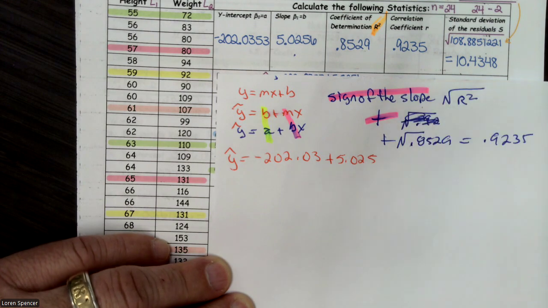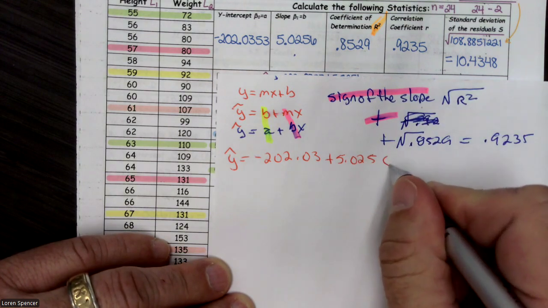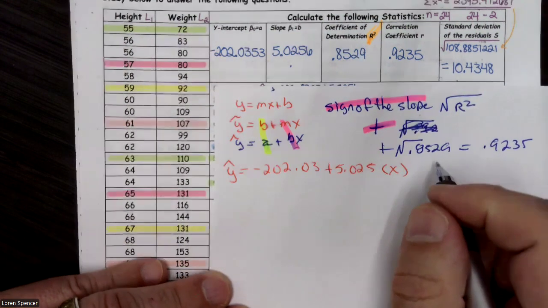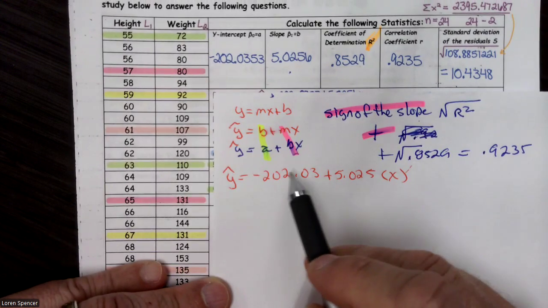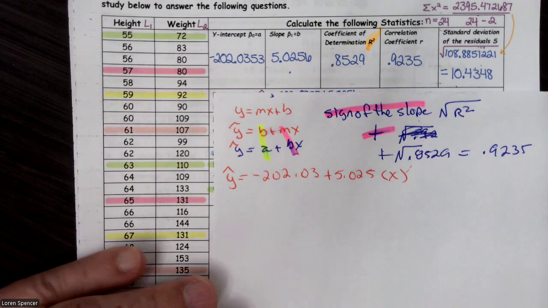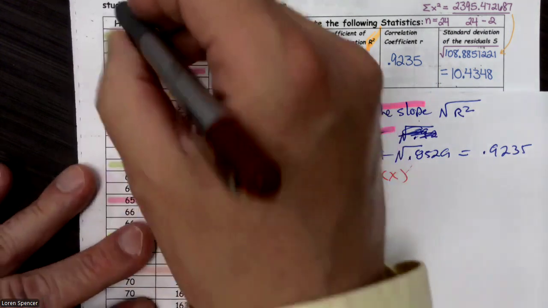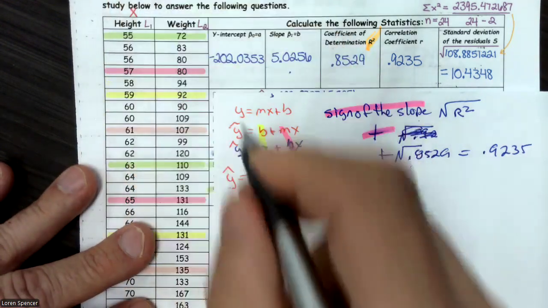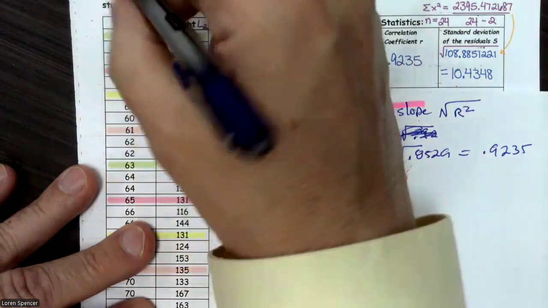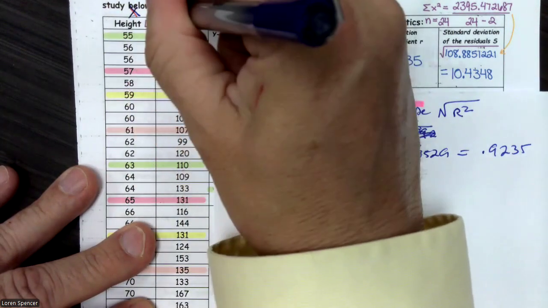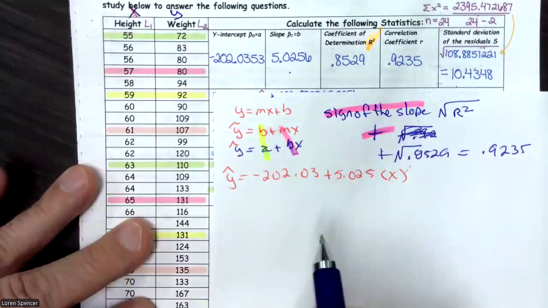And then we just put an x. Now that's technically correct, but a better way so you don't have to define your variables is to plug in for them. Well, my x variable is always an L1, so this will always be my x. This will always be my y.